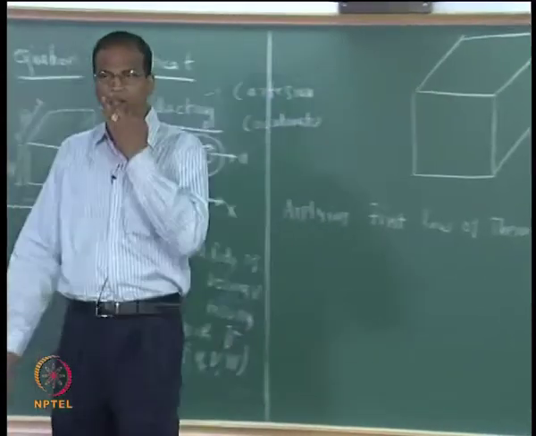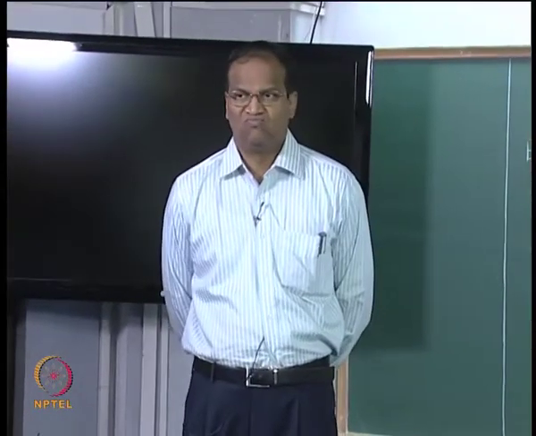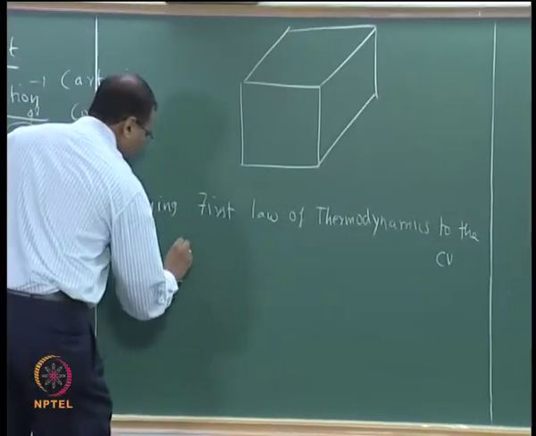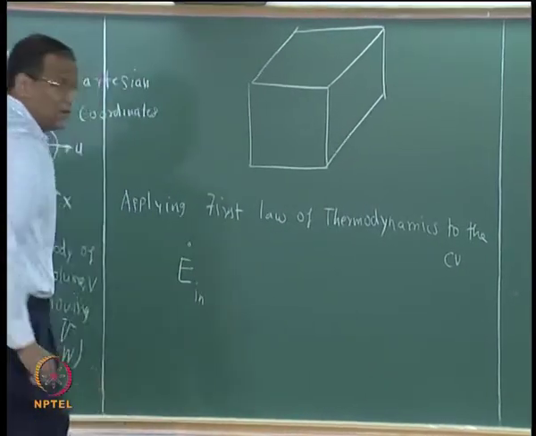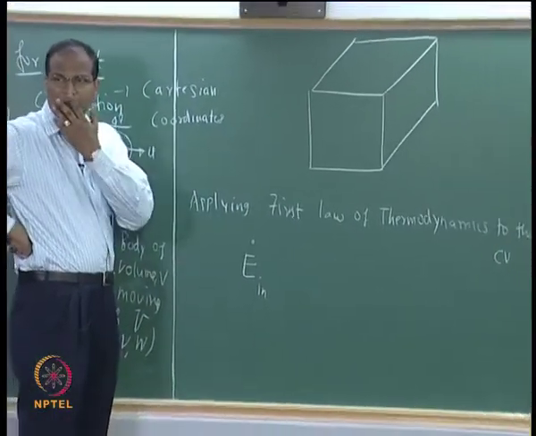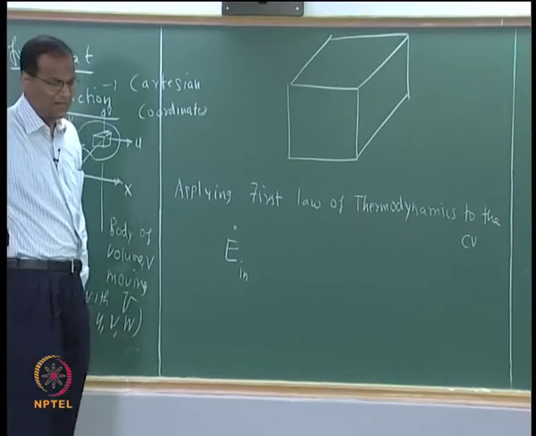Applying the first law of thermodynamics to the CV, the control volume, I am putting E dot, because this is heat transfer, we are talking about rate per second, how much is the transfer, that is what we are interested in, joule per second.